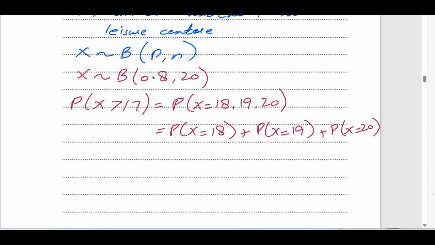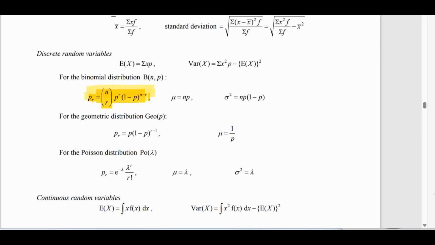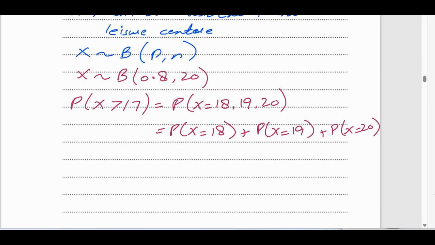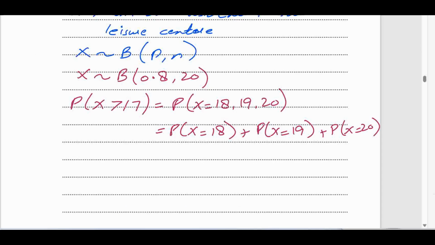Now we know the formula for the binomial distribution, binomial distribution का जो formula है, this is the formula for the binomial distribution. So what we can do is we can use it over here. So for the first one, basically this portion represents NCR, where R is 18 and N is 20.